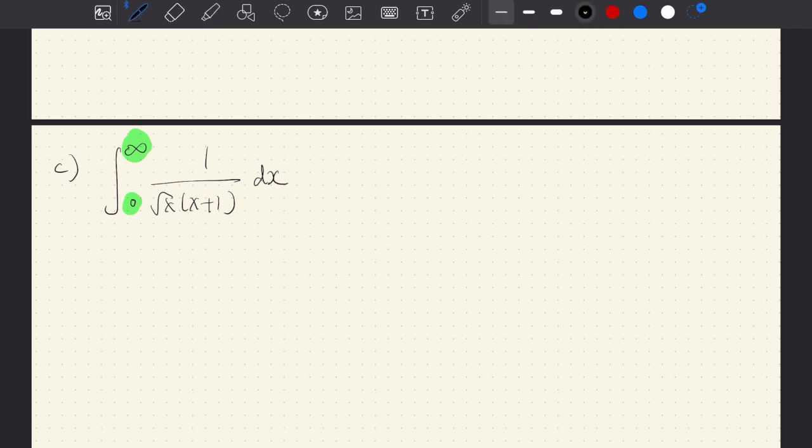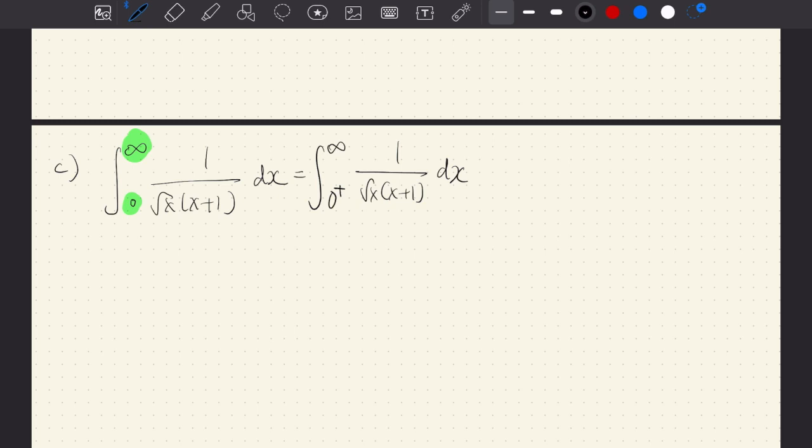So this is the case where the infinite discontinuity occurs at the limits of integration. So we can write this as 0 plus to infinity, so that we know that later we want to approach 0 from the positive side. Okay, now we can try to evaluate this integral.